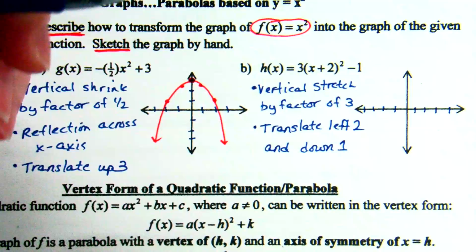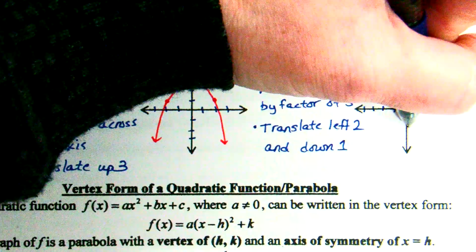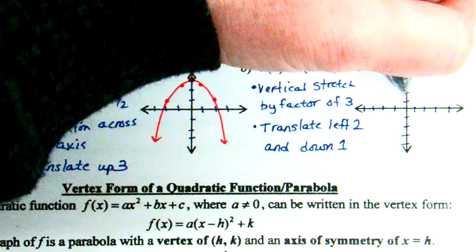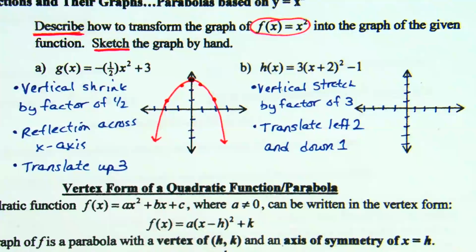Okay, I went left 4, down 4. You can start by going up 4, but that's going to have to change. We're going to have to go up higher than that. I end up going into the words on this problem.